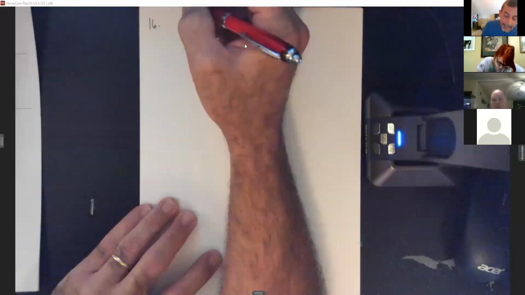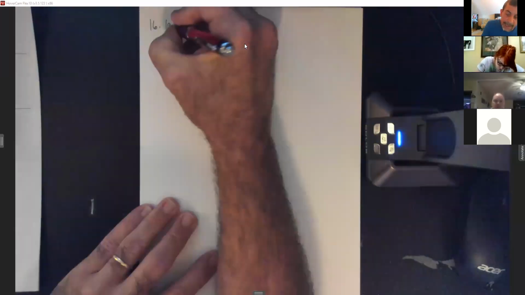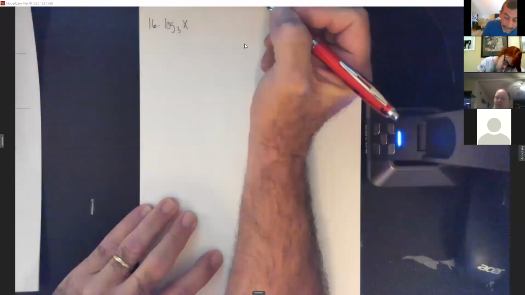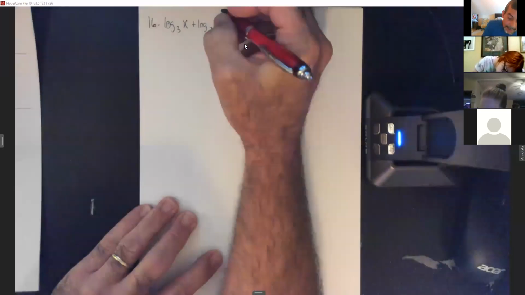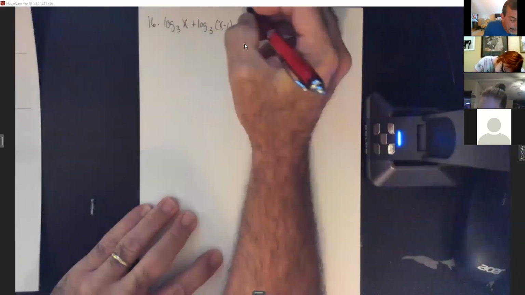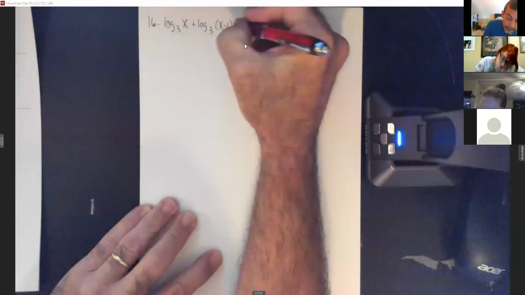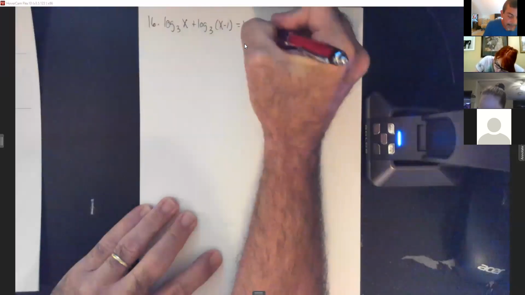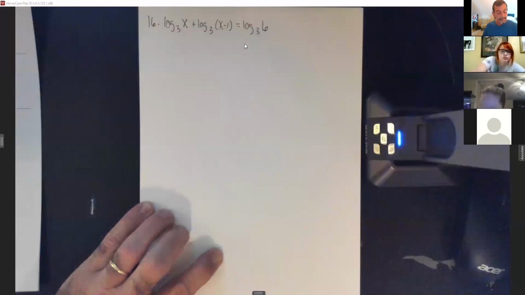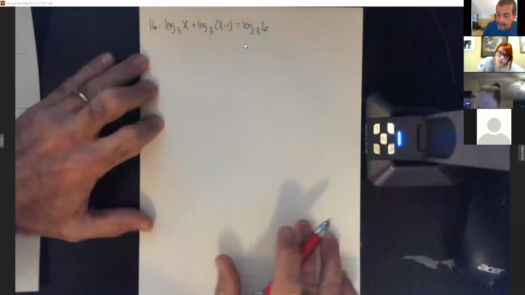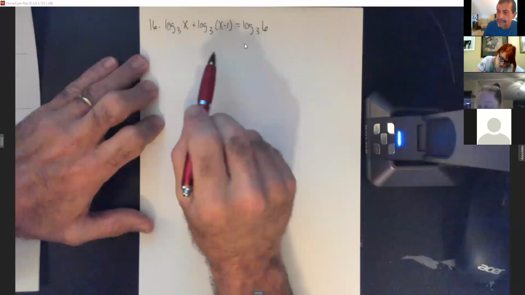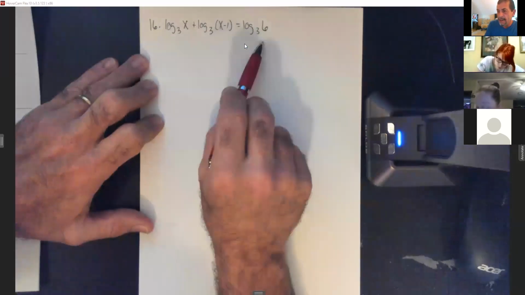Okay, how about this? Log base 3 of x plus log base 3 of (x minus 1) is going to equal log base 3 of 6. All right, so here we go. This one does have logs on both sides, so I'm going to try to get a log equal to a log.